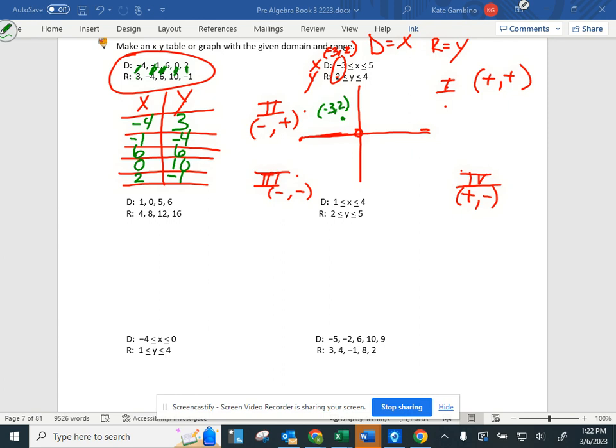Then I'm going to look at my second ordered pair, which is 5, 4. So I'm going to go over 1, 2, 3, 4, 5, and up 4.